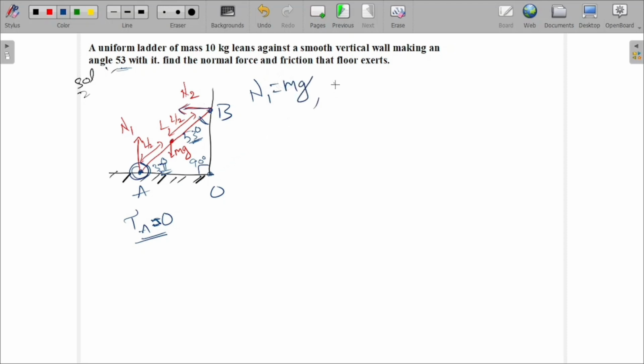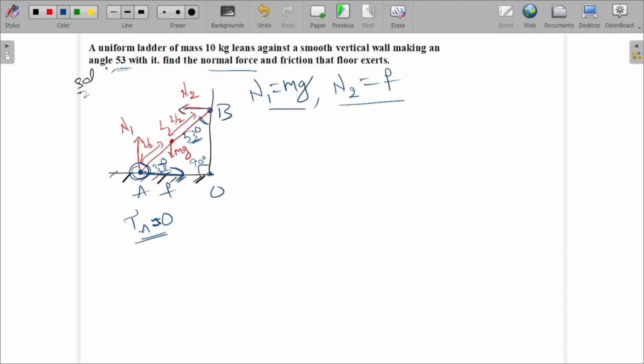Then what about N2? Here it's a smooth wall, so there is no friction, but there is friction on the horizontal surface. In which direction will friction act? In this direction friction F is there. So N2 equal to F.